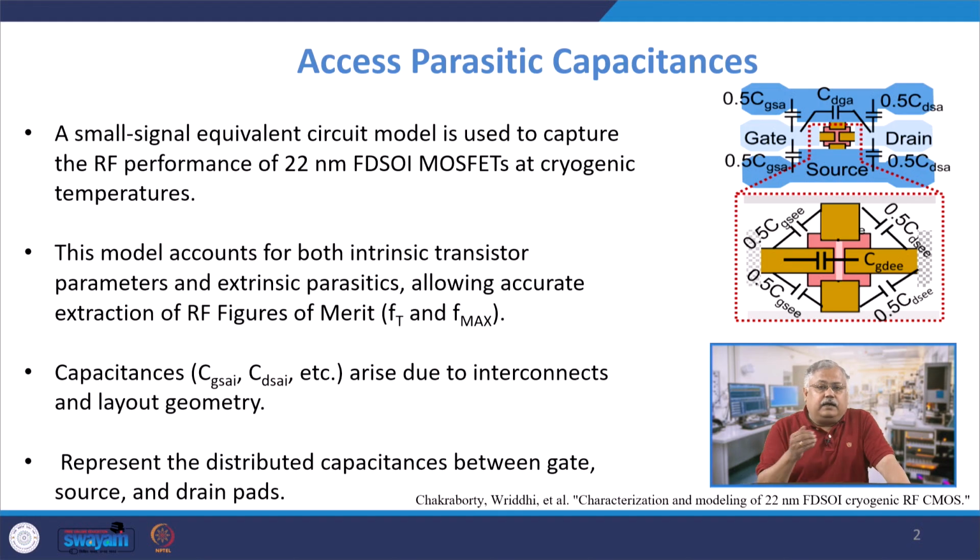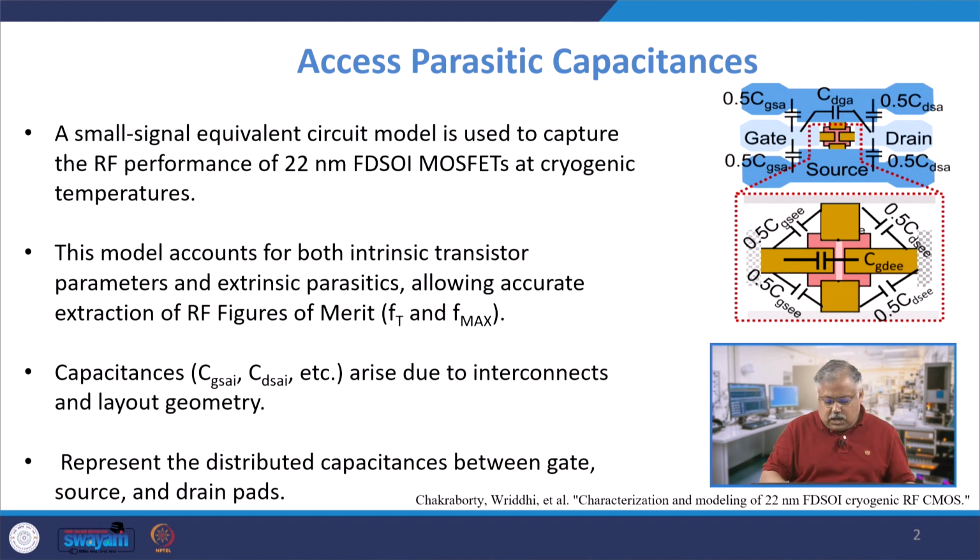And this will imply that you will be able to do a sort of frequency extraction for an RF CMOS at cryogenic temperature.